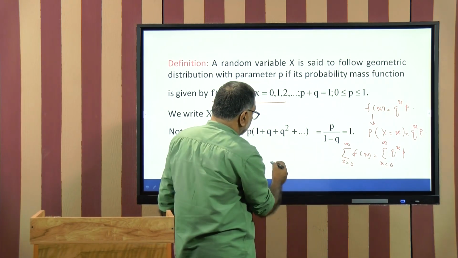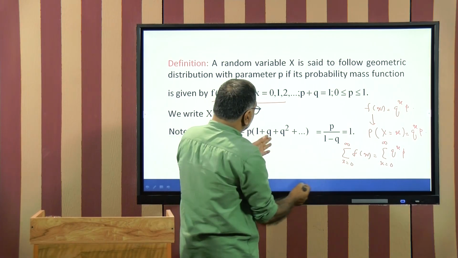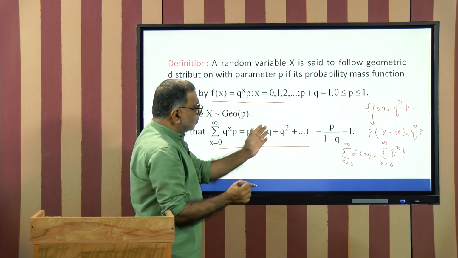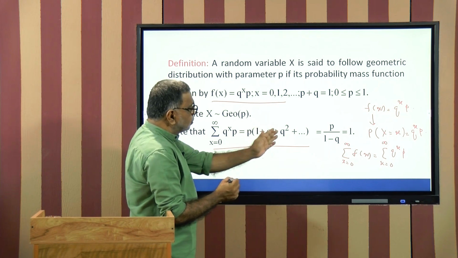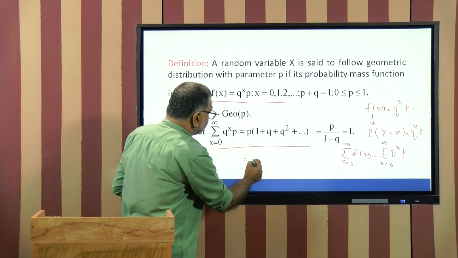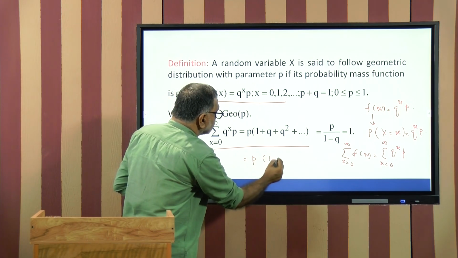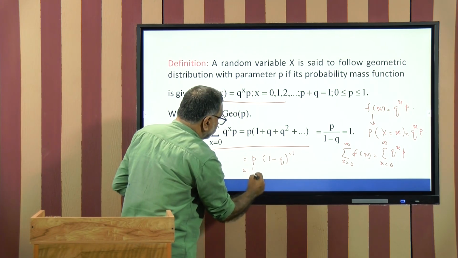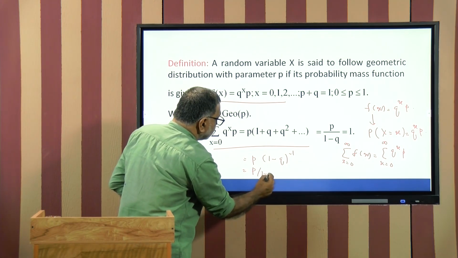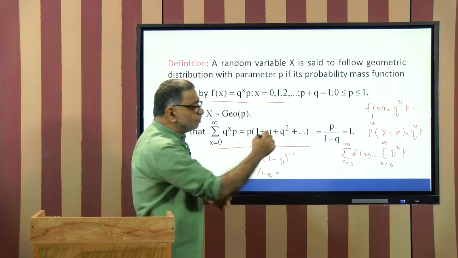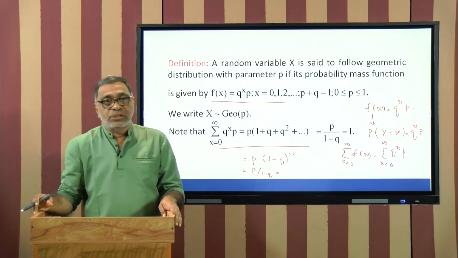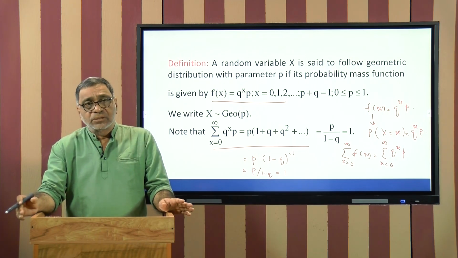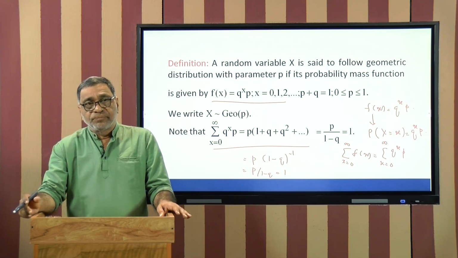Simplifying, you will get p into 1 plus q plus q square plus etc., or that is p into (1 minus q) all power minus 1, or that is p divided by 1 minus q. 1 minus q is p, and that is equal to 1. So, that satisfies the condition that it is a probability mass function. So, summation over x of f of x is equal to 1.